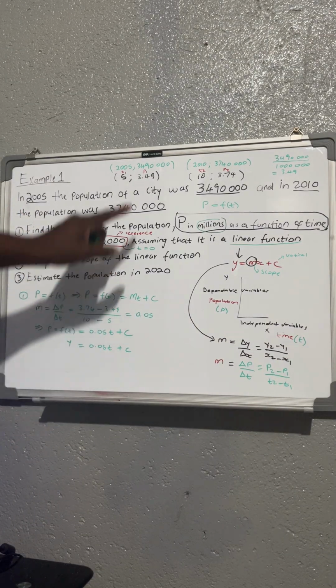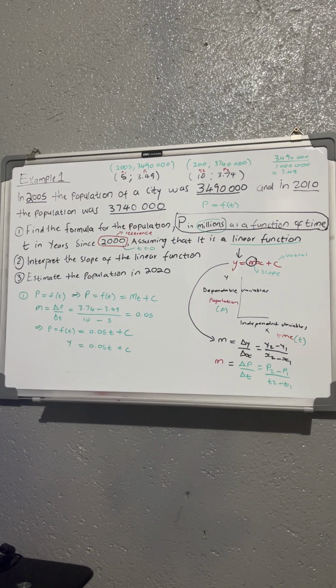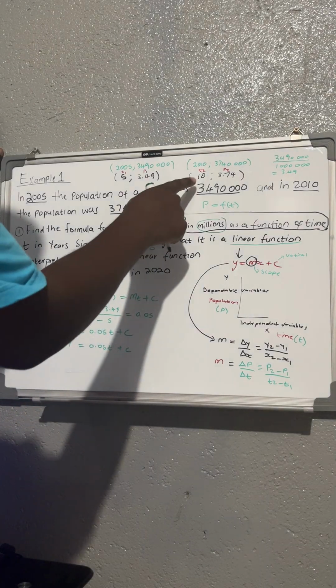So if we plug in any of the points that you would like, you can use this 10 and 3.74. You go and check, I have my T2.